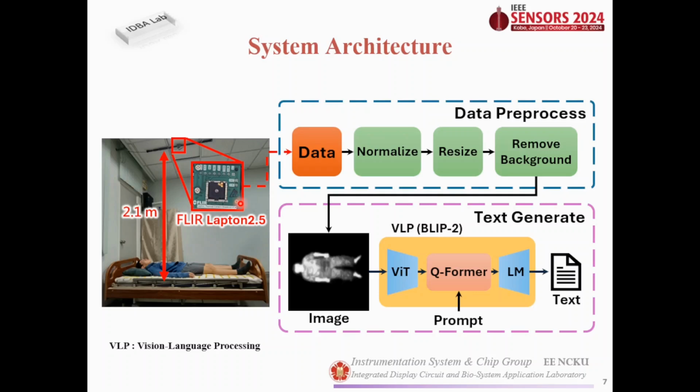The Raspberry Pi is used to read the radiation value from each frame and store them as a two-dimensional matrix. The thermal radiation data is then converted into thermal imagery followed by data preprocessing. Finally, the thermal imagery is input into the VLP model to generate text.